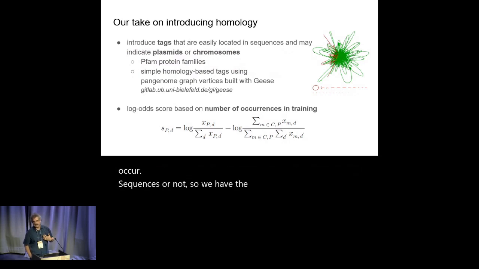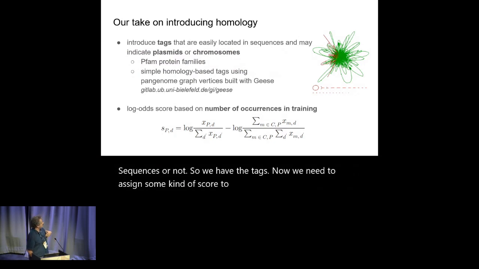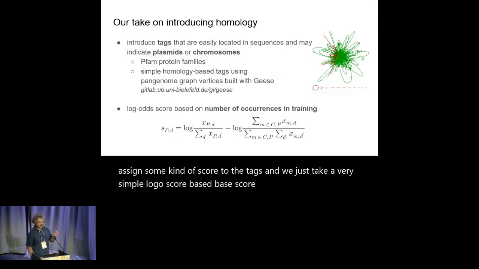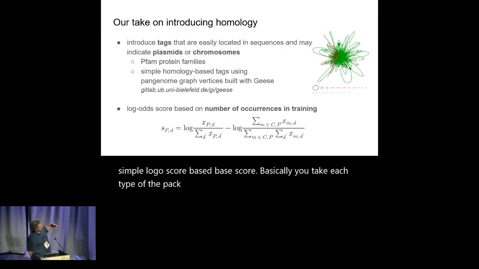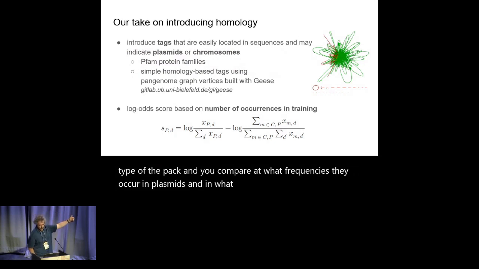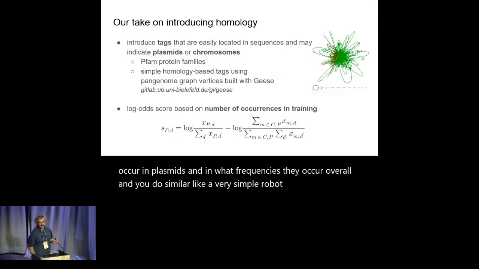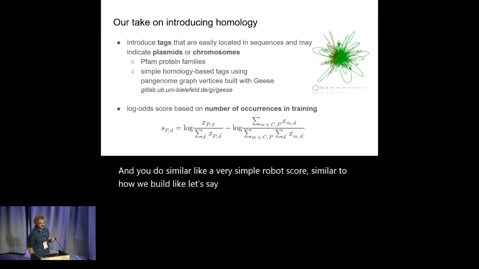Now we need to assign some kind of score to the tags, and we just take a very simple logit-based score. Basically, you take each type of tag and compare at what frequencies they occur in plasmids and at what frequencies they occur overall, similar to how we build, let's say, BLOSUM matrices or things like that.